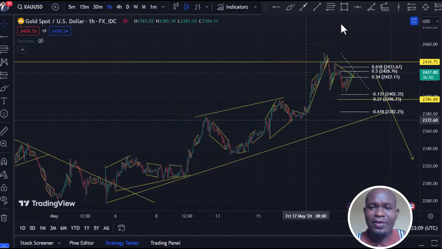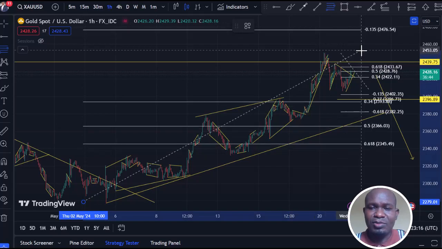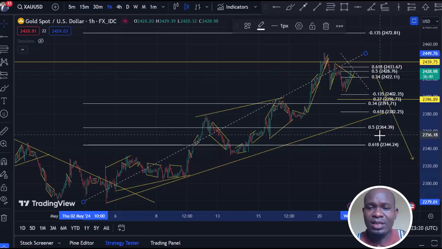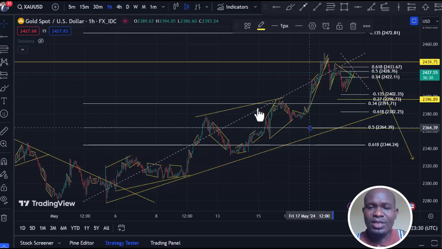So you can take a fib from the beginning of this move to the end of the move, and let's see at least 50% of that. That will also be another place to monitor, so watch out for 2364.